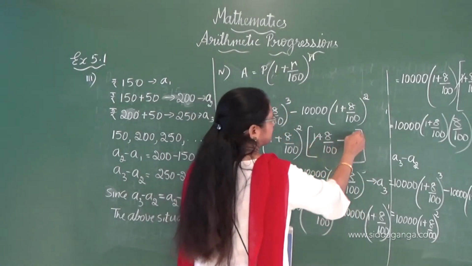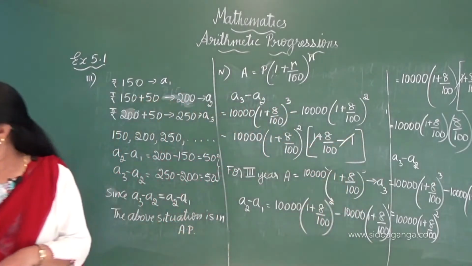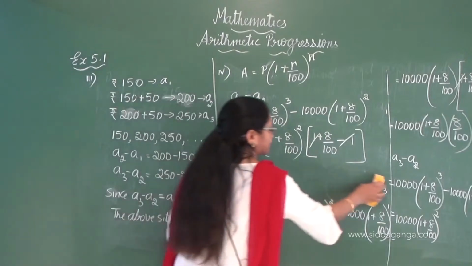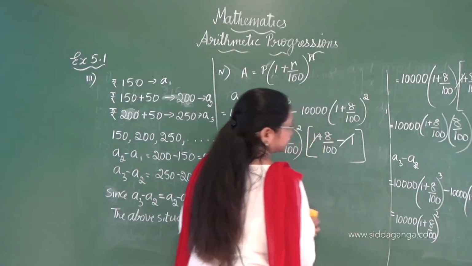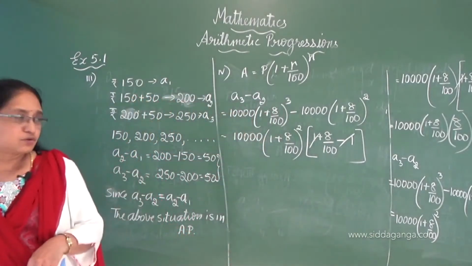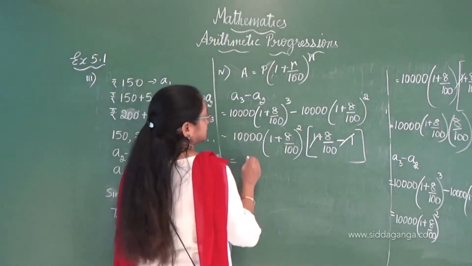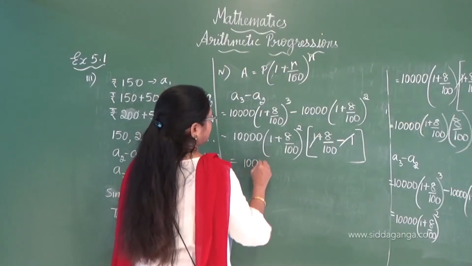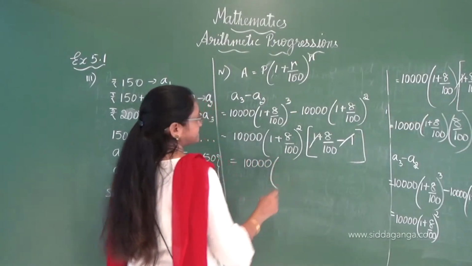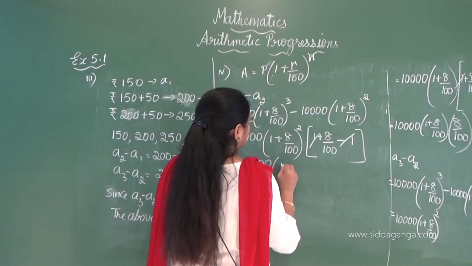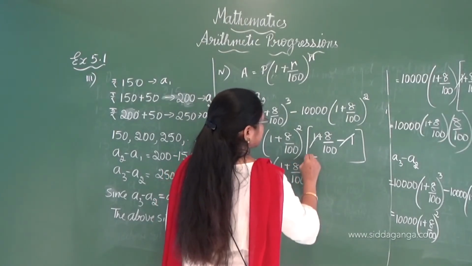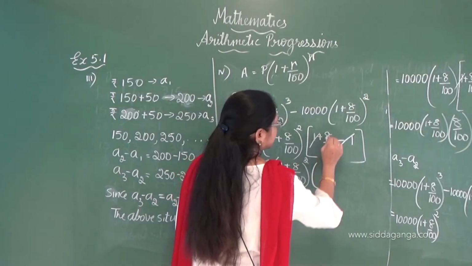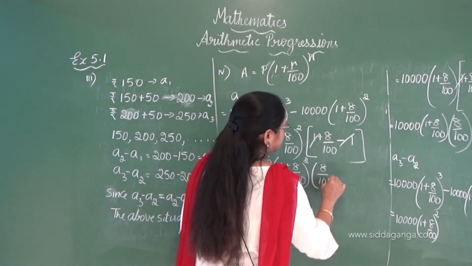So plus 1 minus 1 gets cancelled. Now we have this as 10,000 (1 + 8/100) whole square and in the bracket again here 8/100.